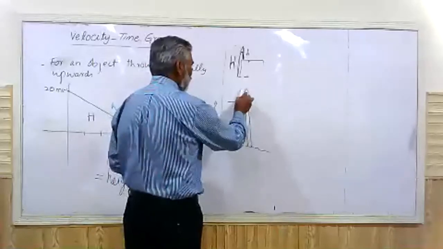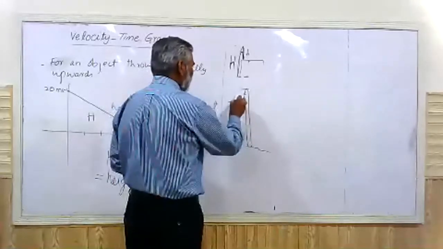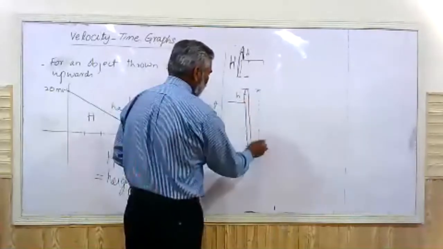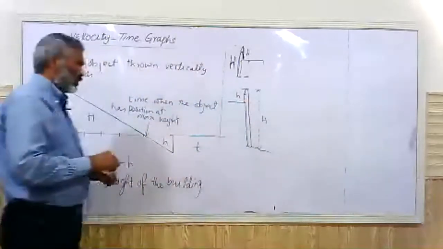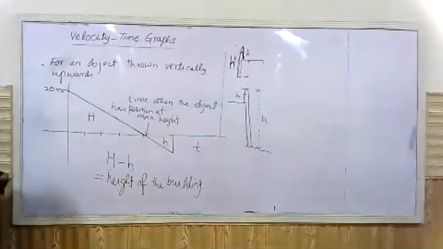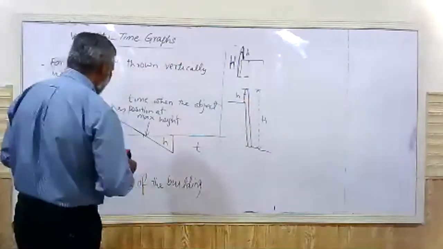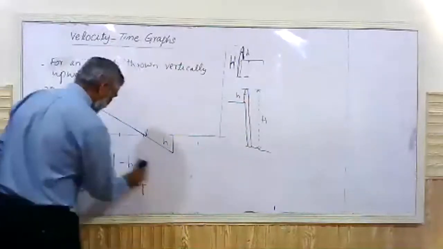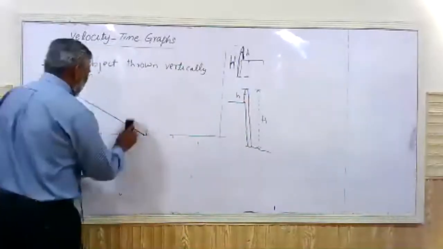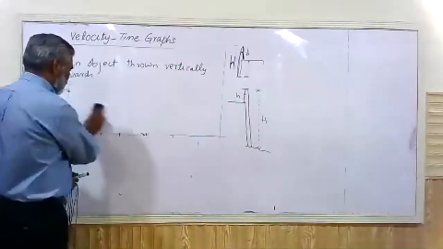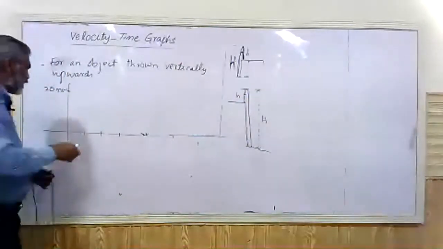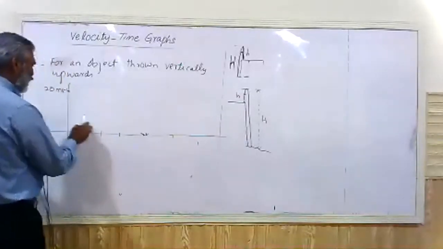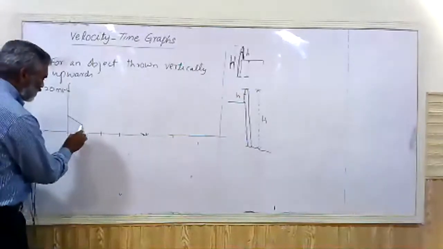So this rises to this height. Let me label this as small h now. This is capital H now, the height through which it falls, the distance through which it falls. Obviously, the shape of this graph will be different now, so let's make that graph now. Instead of a large triangle on this side and a small one on this side, we have a small triangle here and a large one on this side.